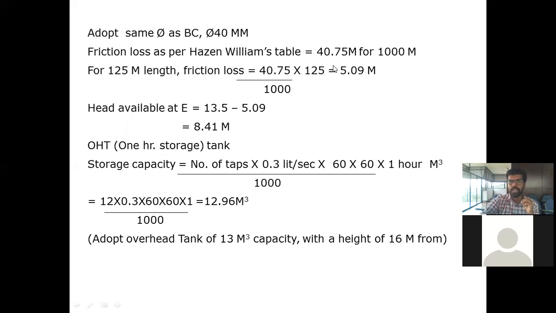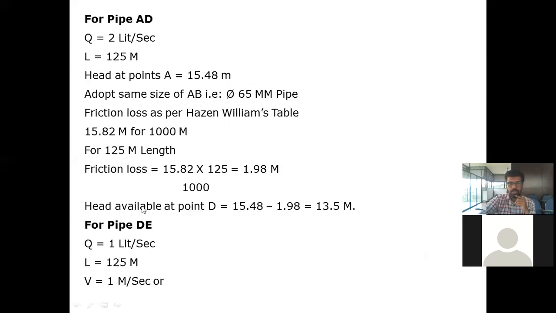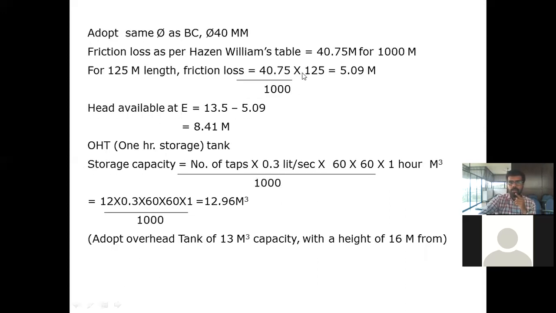We get 40.75 as the friction loss. Then for 125-meter length, 40.75 divided by 1000 into 125. This friction loss is 5.09. Now you reduce 13.5 minus 5.09, you'll be getting 8.41.